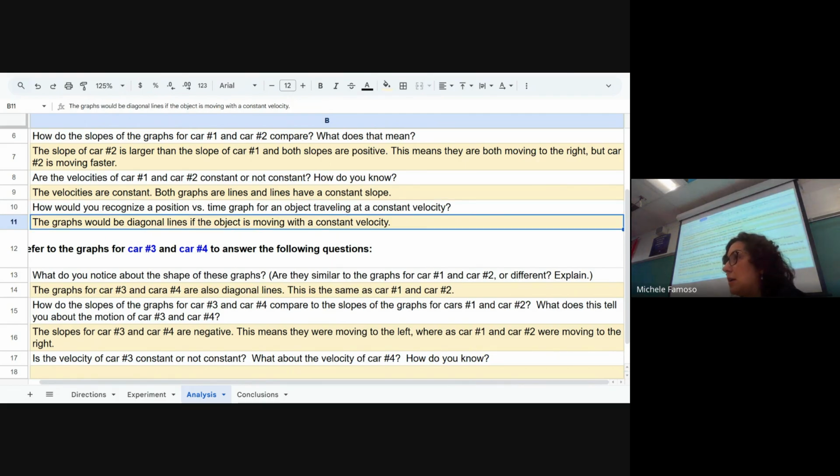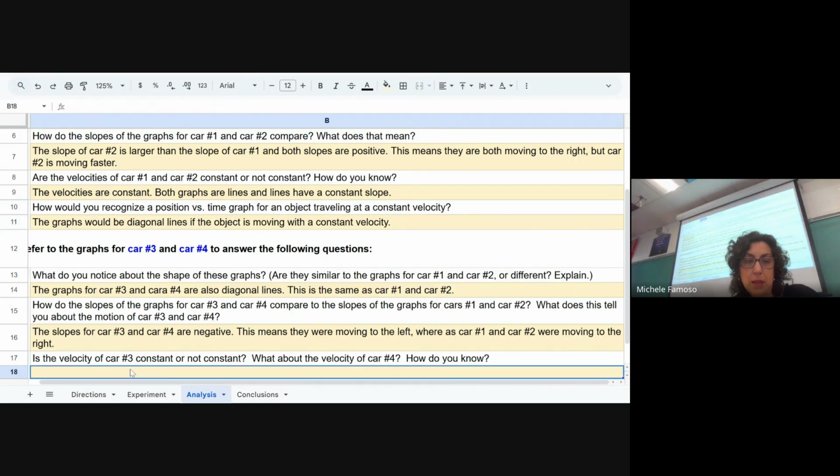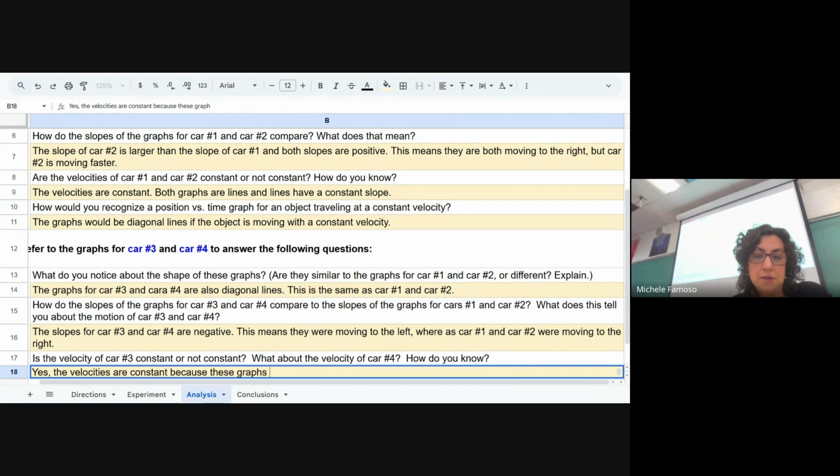What would we see? A diagonal line. Do we have diagonal lines for 3 and 4? So is the velocity constant? Yes. Okay. So yes, the velocities are constant because these graphs are diagonal lines.